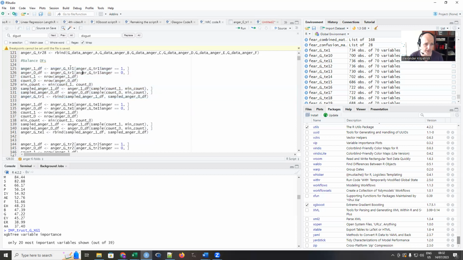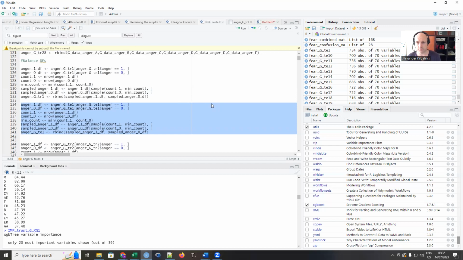Because this does both, right? So fold number 1 for the anger, this is the training subset, this is the testing subset. So it's done for both subsets. I could have just done it for the training subset, but then during the testing process, we probably wouldn't have enough sample.